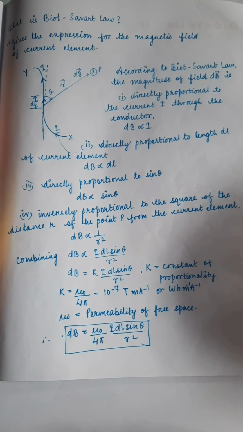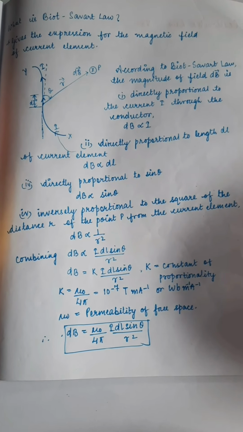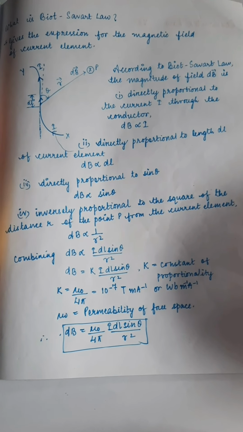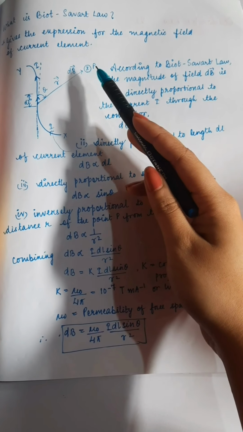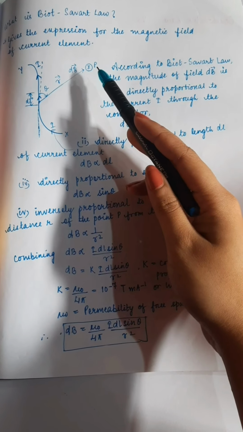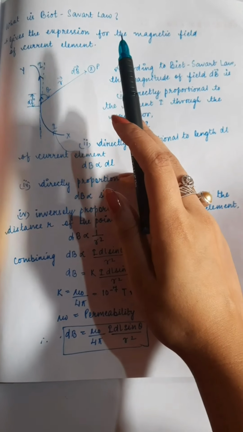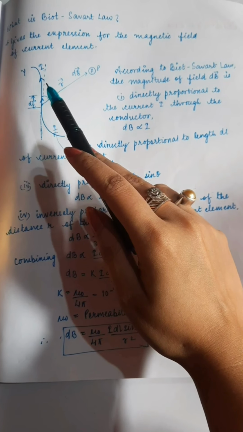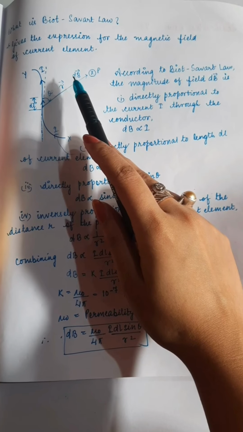Now we can see that the charge is flowing, that is, the charges are not at rest and they are moving. Now let us come to a point P where we have to find out the magnetic field.